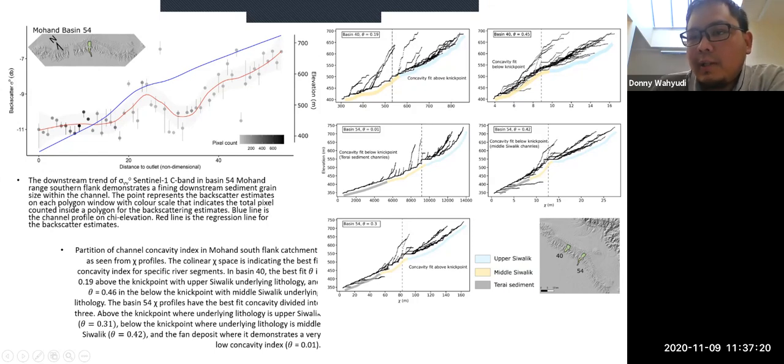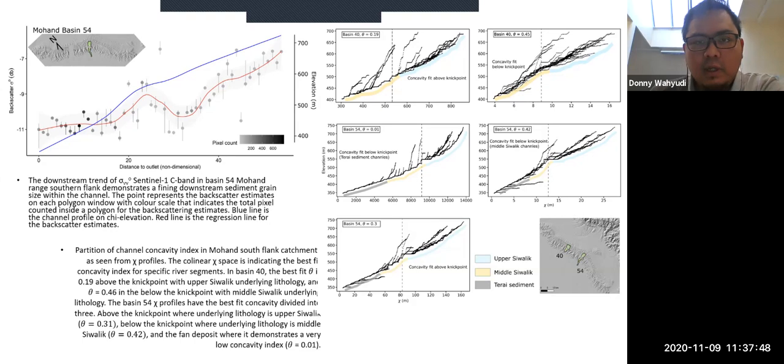And when we increase the concavity, all the tributaries downstream just fit to the collinearity below the knickpoint. So I guess that's what causes the partition of the concavity above and below the knickpoint in the Mohan anticline.